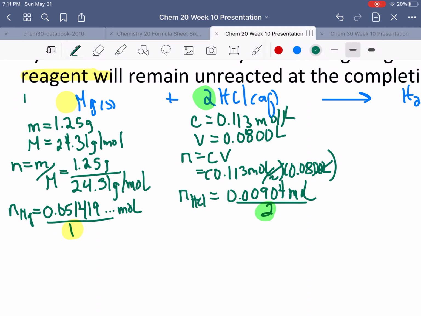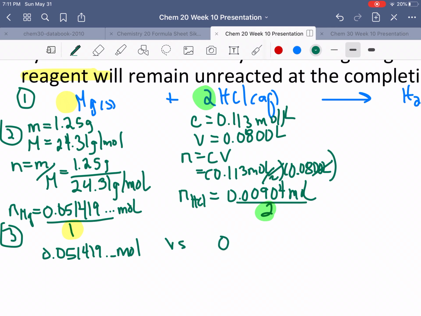So the balanced chemical equation was step 1. Figuring out the amounts was step 2. Now we're working into step 3 to actually figure out the limiting reagent. This one, of course, is the same, 0.051419... moles versus, here we go, this one is going to be, I have to number crunch it, 0.00452 moles.